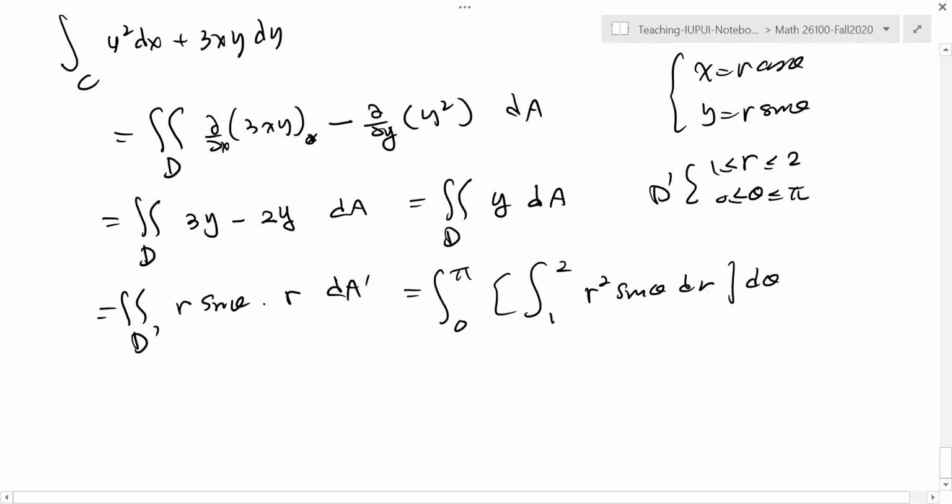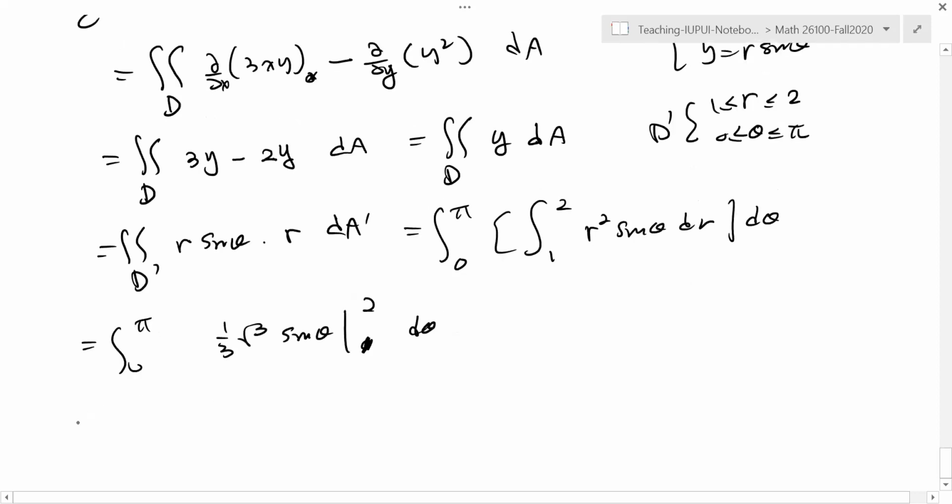Now the antiderivative is going to be 1/3 r cubed sine theta evaluated from 1 to 2. So I will get (2 cubed minus 1 cubed)/3, sine theta d theta.